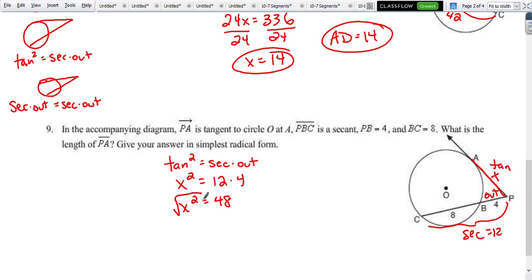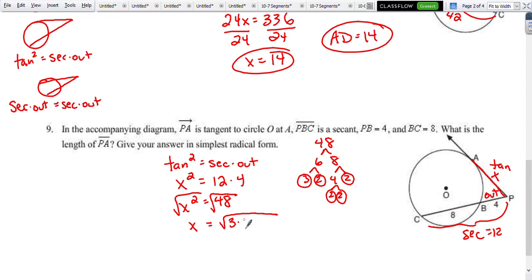And then I'm going to take the square root of both sides. So x is equal to, and when we simplify 48, if you want to break down your tree here, is 6 and 8. So 3 and 2, 4 and 2, and then 2 and 2. So I got a 3 and 1, 2, 3, 4 2s. So 3, 2, 2, 2, and 2.